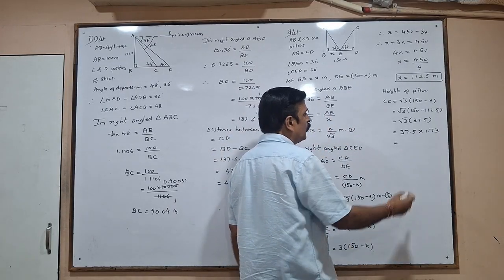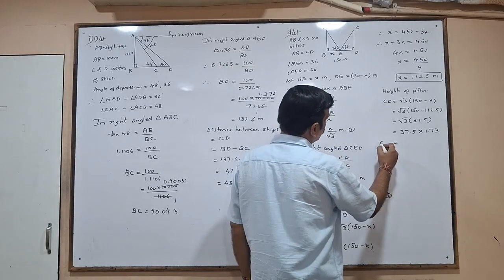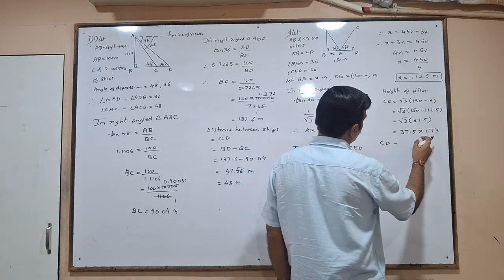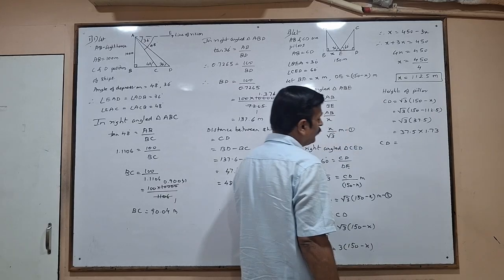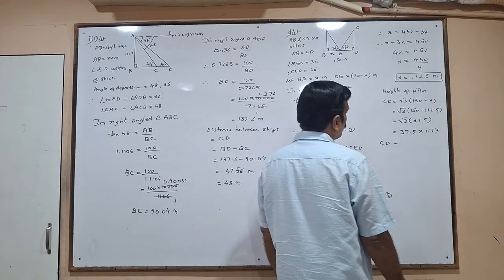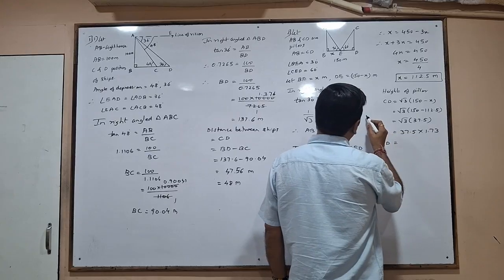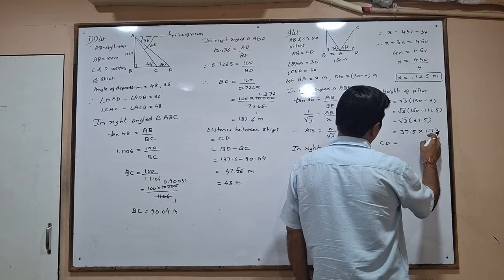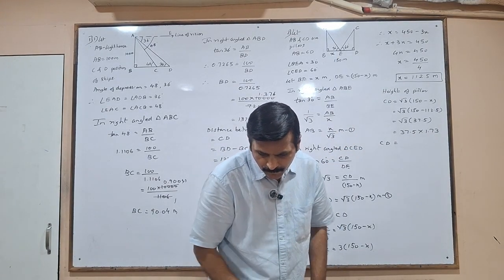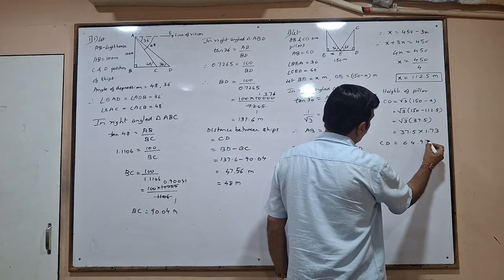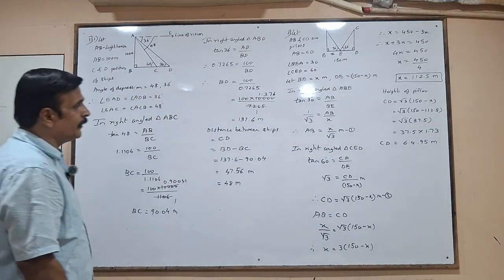We can keep the answer in root 3, but normally we substitute to multiply. The answer is 64.95 meter.